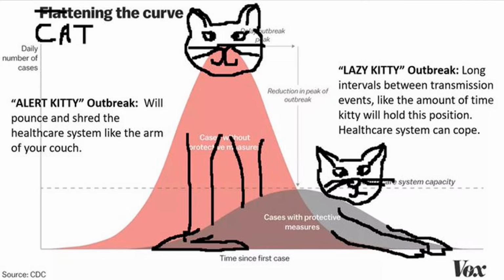This is an excellent pictorial that shows if the case numbers rise above the dotted line, which will invariably occur without protective measures like social distancing, it will overwhelm the healthcare system. With social distancing, we can hopefully elongate the interval between transmissions to allow the healthcare system to catch up and cope.